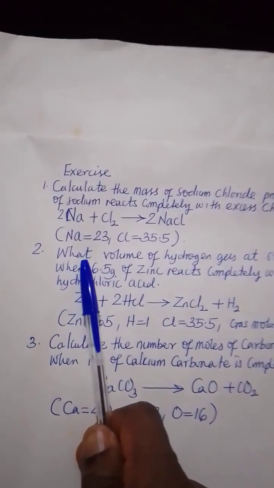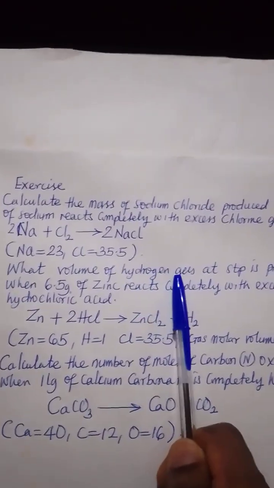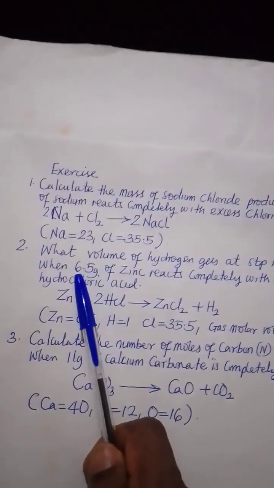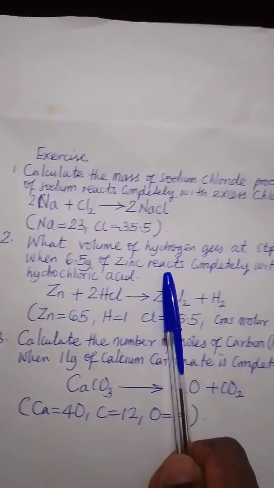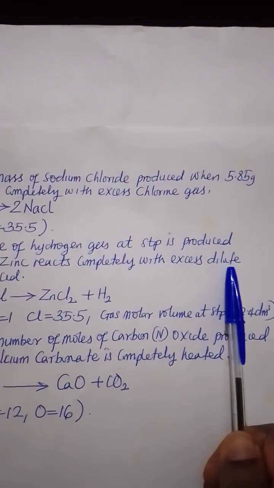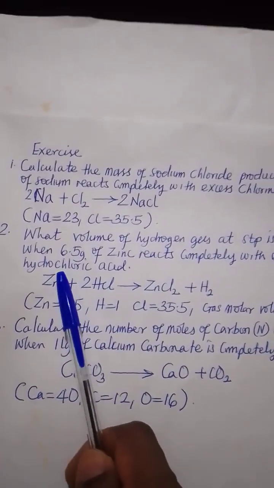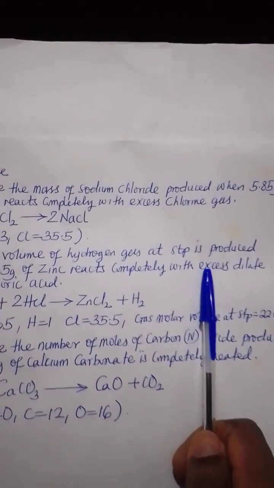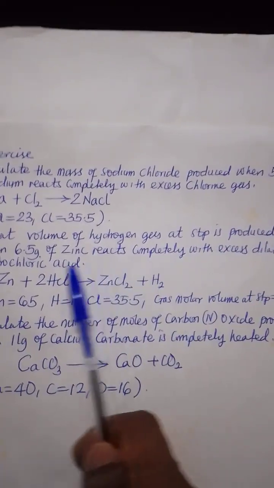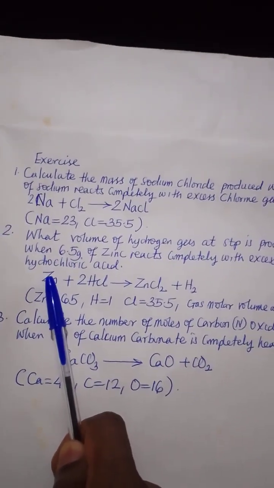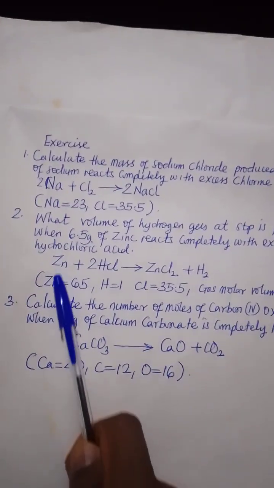Number 2, what volume of hydrogen gas at STP is produced when 6.5 gram of zinc reacts completely with excess dilute hydrochloric acid? Again, we're told that the dilute hydrochloric acid is in excess, so it means zinc is the limiting reactant.